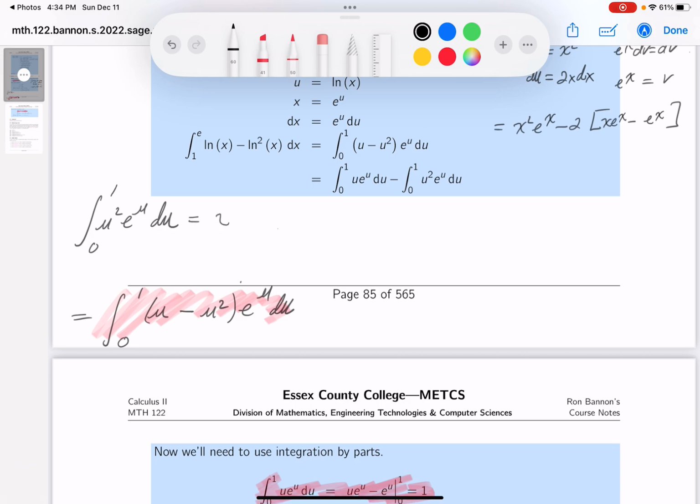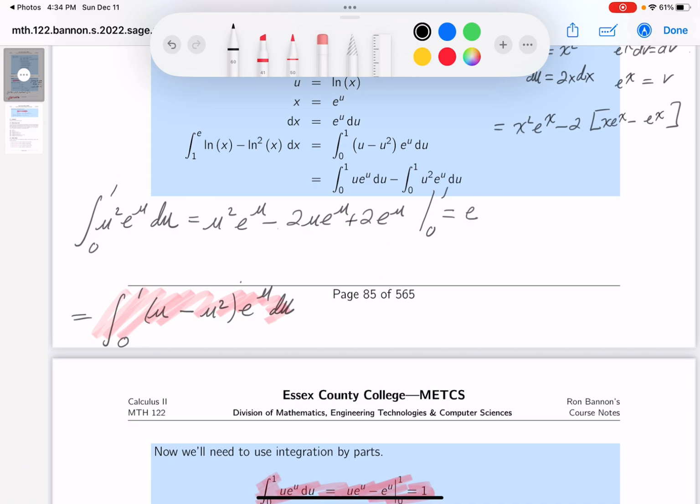And you're going to get x squared. Whoops, I'm not paying attention. It's going to be u squared e to the u minus 2u e to the u plus 2 e to the u. I'm going to evaluate that from 0 to 1. Well, if you put 1 down, what do you get?